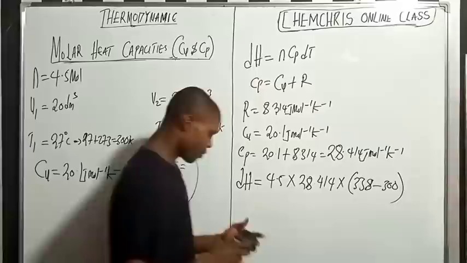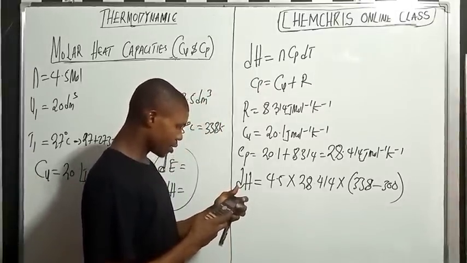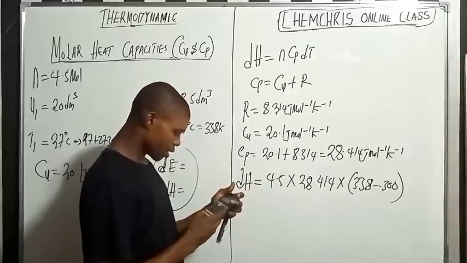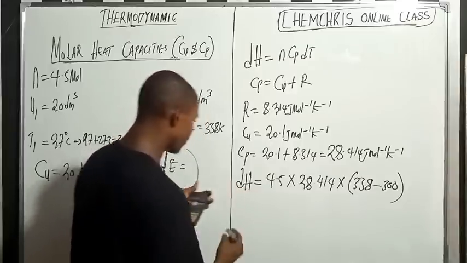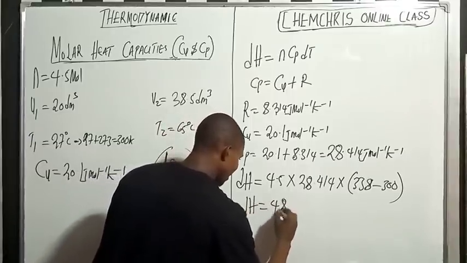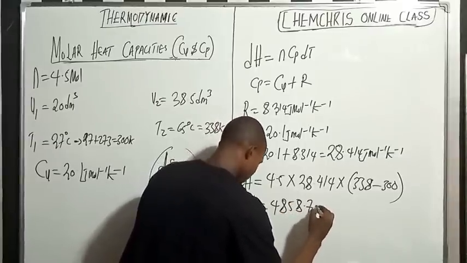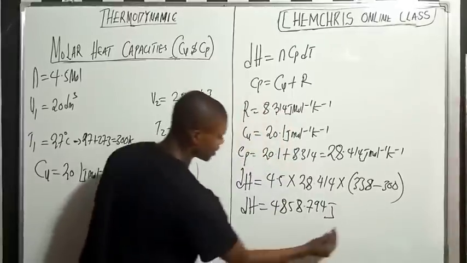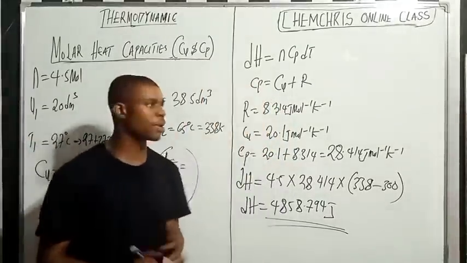So you have 4.5 times 28.414 times (338 minus 300). So change in H is equal to 4858.794 joules. So that is the answer. So this is how to solve problems like this one.